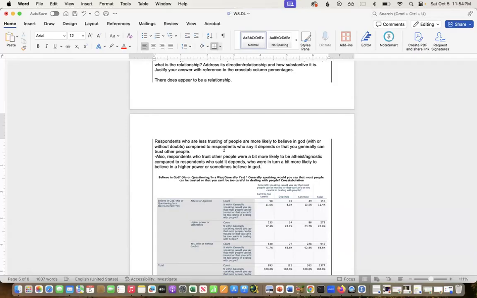And then we want to talk about cross-tab column percentages as well. So if we go back to here, respondents who are less trusting, right, that can't be too careful, 71.7% of them are more likely to believe in God. So we can say that was 70.1%, compared to respondents who say it depends, or that you generally can trust other people.